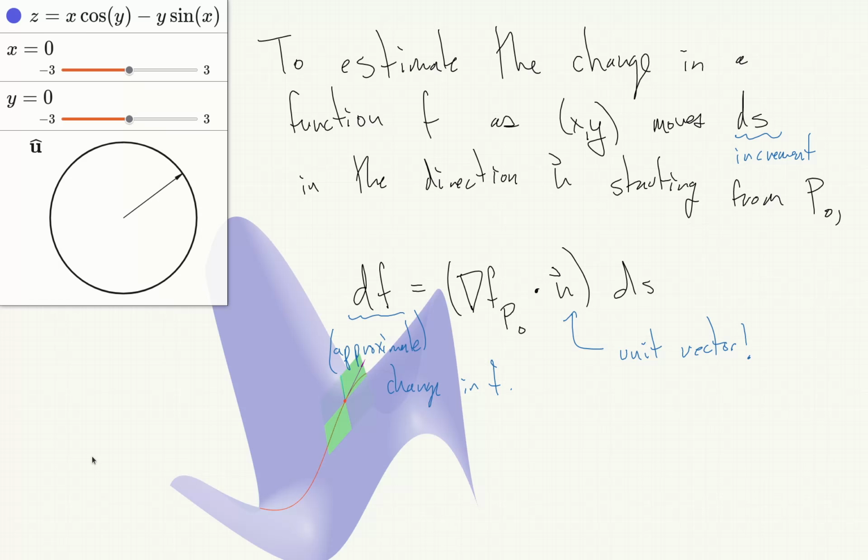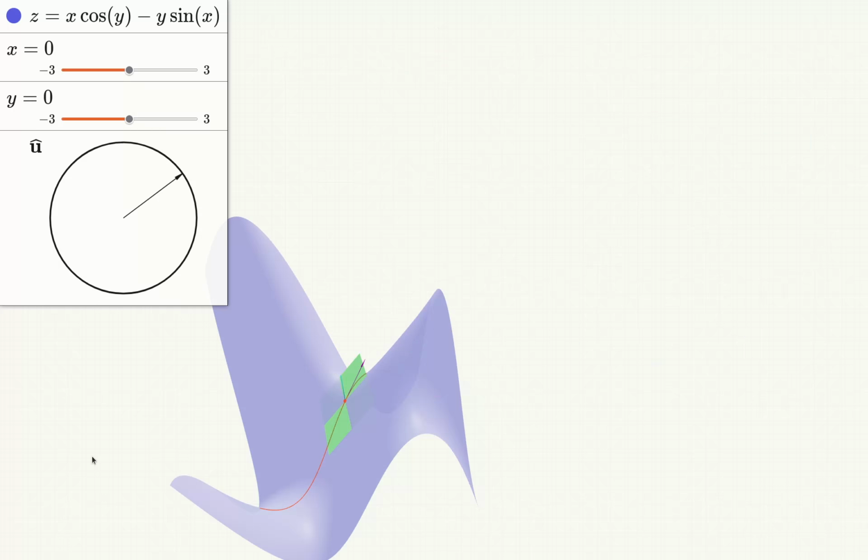All right. So now a closely related concept is the concept of the linearization of a function.